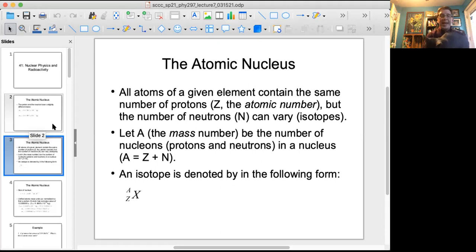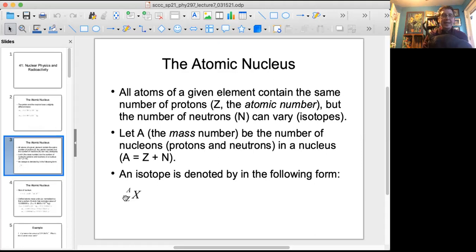So we let A, the mass number, be the number of nucleons, protons and neutrons, in a nucleus. So A is equal to Z plus N. An isotope is denoted in the following form. So it's typically written like this. In the top left, you have the mass number, again, protons plus neutrons. X is the chemical symbol.